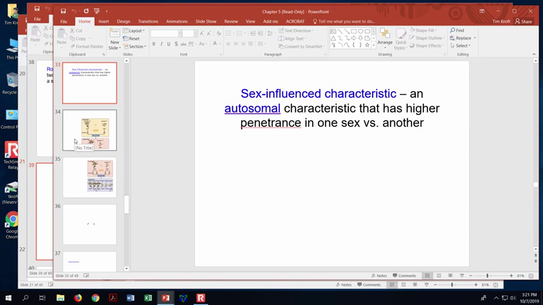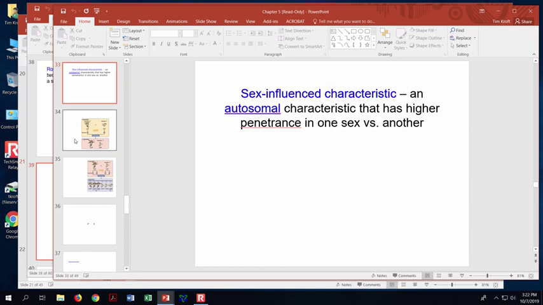Let me... What? Oh, sex linked versus sex limited. Let me talk about sex... What? Okay. So, sex influenced or sex limited versus sex... I'm almost done, and then I can come pull the pipette. Sex influenced or sex limited versus sex linked.